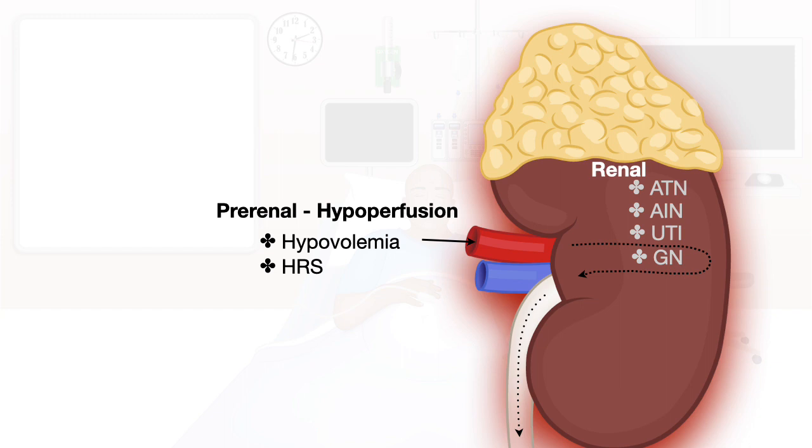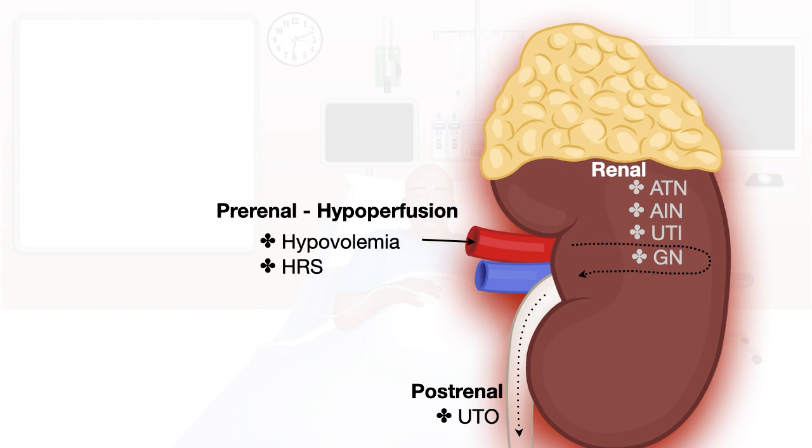So we talked about pre-renal causes, renal causes, and then, once the urine forms, as it comes down the ureter, you can have a post-renal cause due to obstruction to the flow. In other words, urinary tract obstruction.